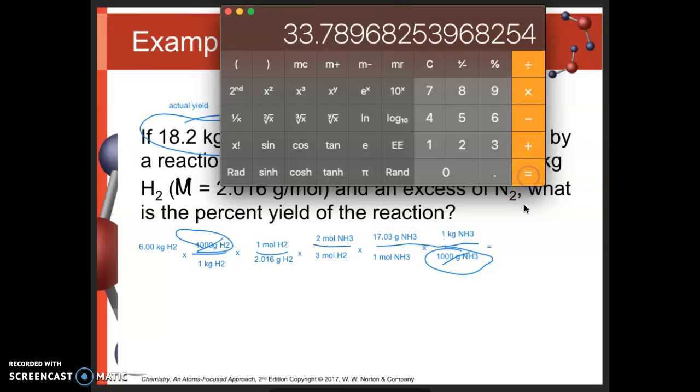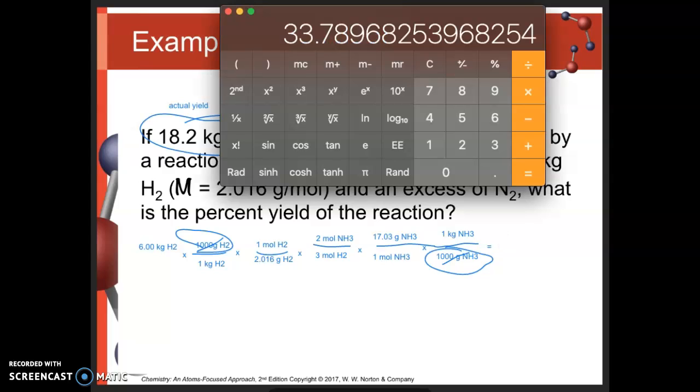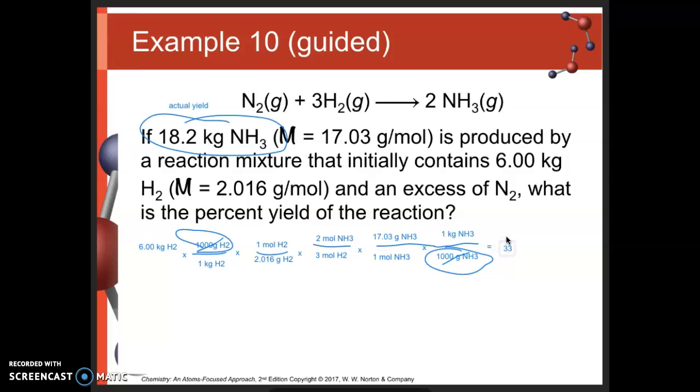I get a theoretical yield of 33.8 kilograms. So this was what I would have expected if all of the hydrogen had fully reacted.